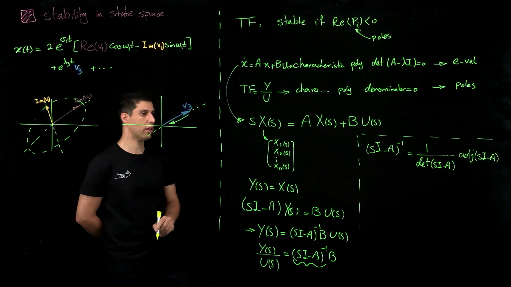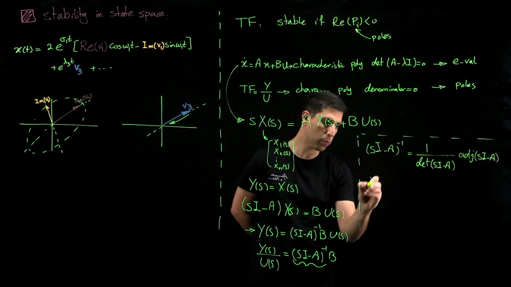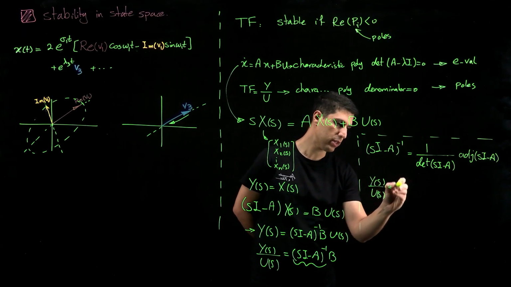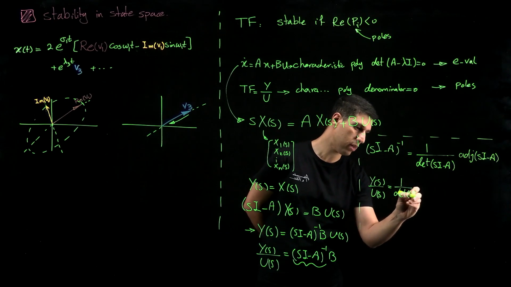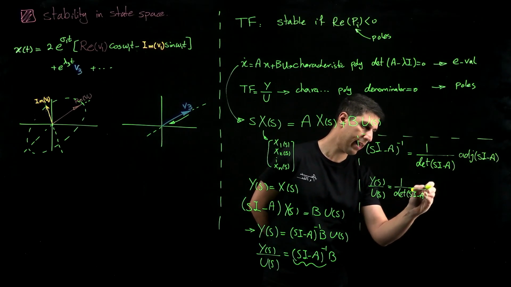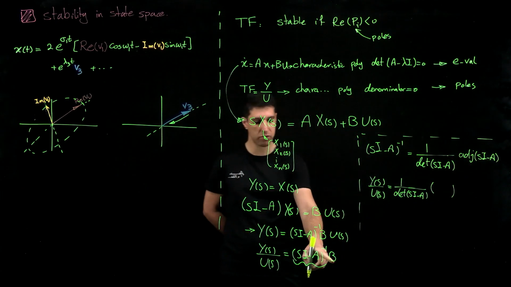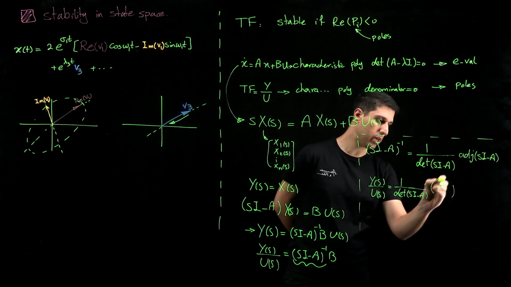And now you can see where things start to shape up. So my y of s over u of s is 1 over the determinant of sI minus A multiplied by the adjoint of sI minus A times this B, another matrix.